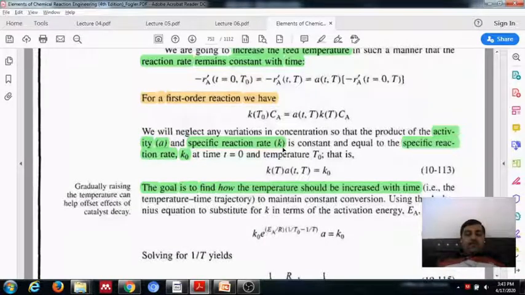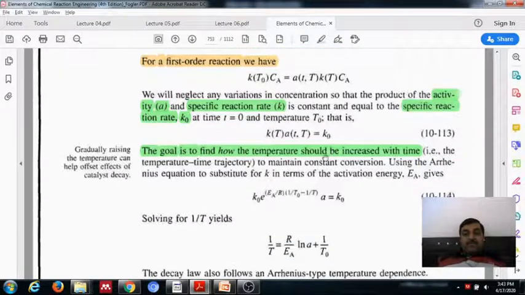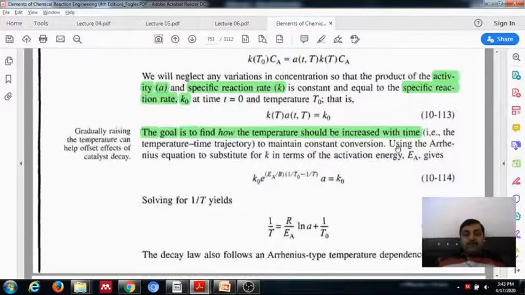Our goal is to find temperature and time trajectory, how the temperature has to increase. So let us rewrite this.